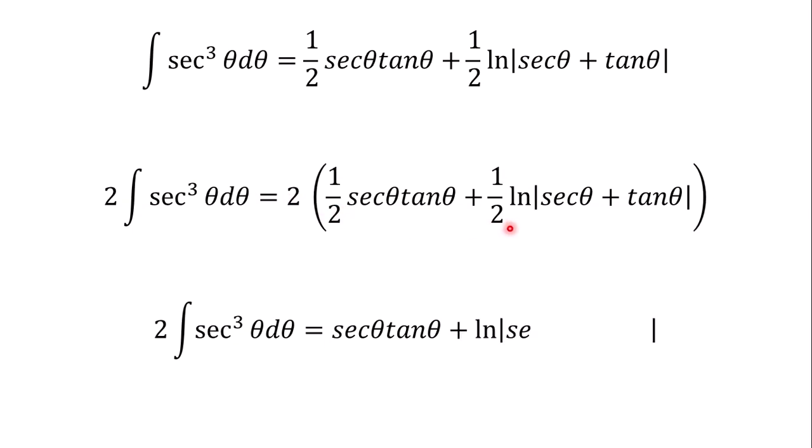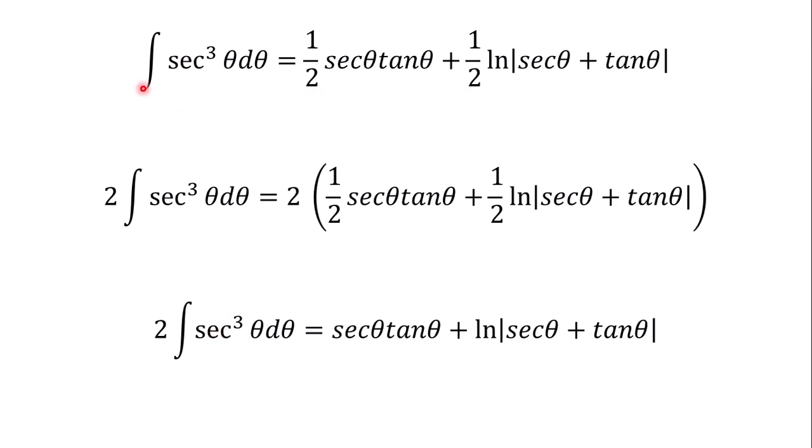The same thing is applied here. After opening the bracket, we see that we have gotten the same thing as what the other one was. So if you are integrating this one alone as a main question, that is what you are going to get at the end of the day.